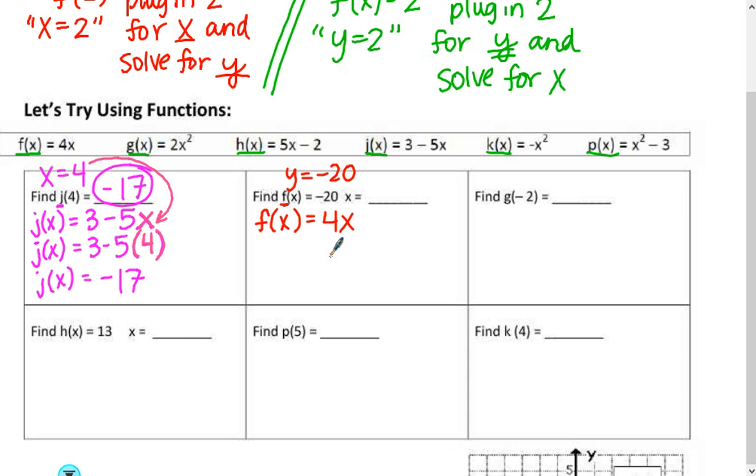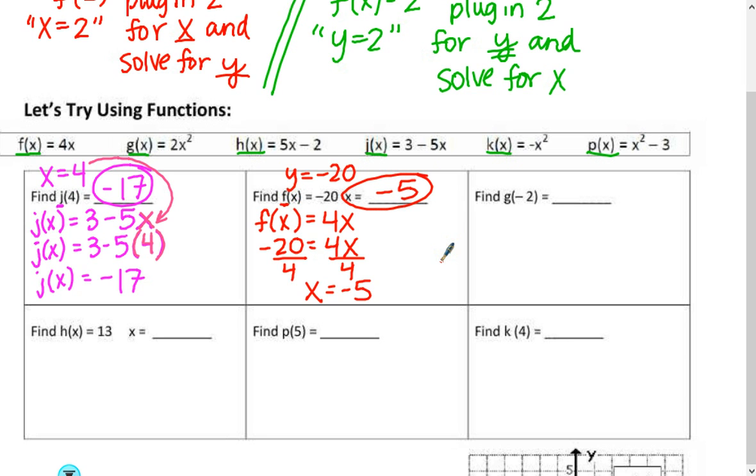Since they gave me the y, I'm going to plug in for y. Remember, f of x is just a fancy word for y. They gave me y, so now I solve for x. So I'm going to divide both sides by 4, and we get x equals negative 5. And that would be my final answer here.